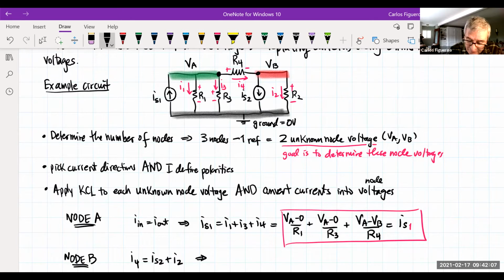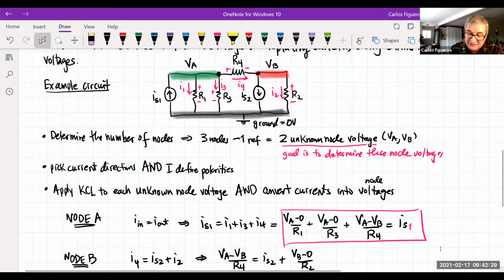So I4, we already calculated I4, so we know that's VA minus VB over R4. Then I have I source 2, and then I have I2 now. I2, you could see that has to be VB minus 0 over R2.